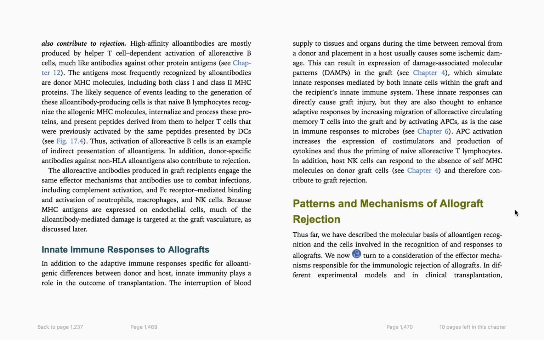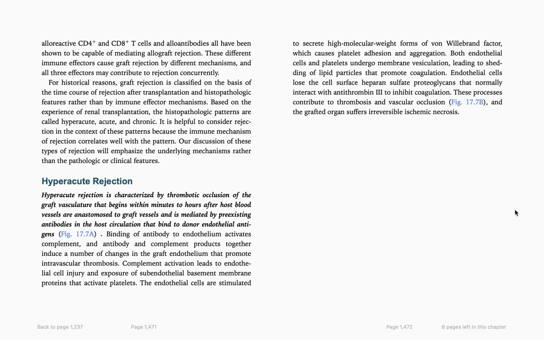Patterns and mechanisms of allograft rejection. Thus far, we have described the molecular basis of alloantigen recognition and the cells involved in recognition and response to allografts. We now turn to the consideration of the effector mechanisms responsible for immunological rejection of allografts in different experimental models and in clinical transplantation.